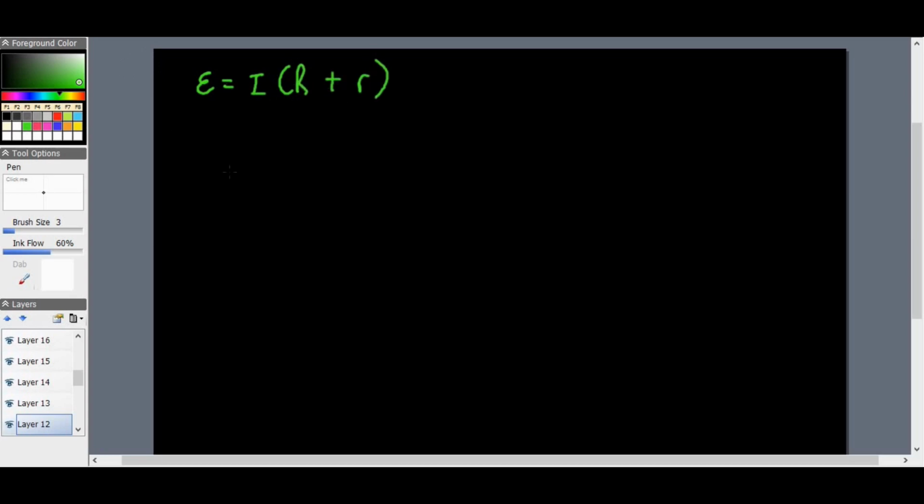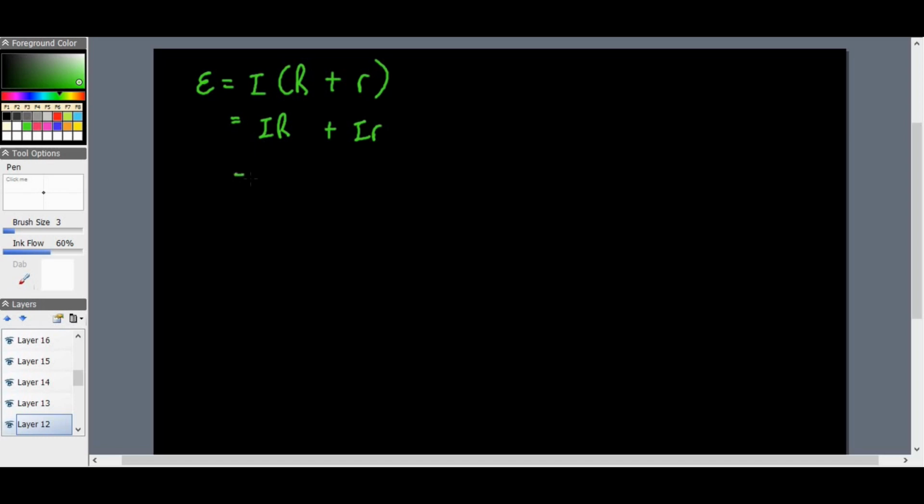If we multiply in, we'll have I times capital R plus I times little r. Now what is equal to I times R? Voltage, correct? Voltage is equal to I times R. That's simple enough.